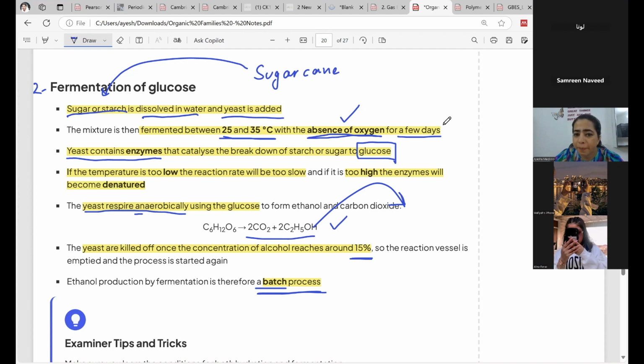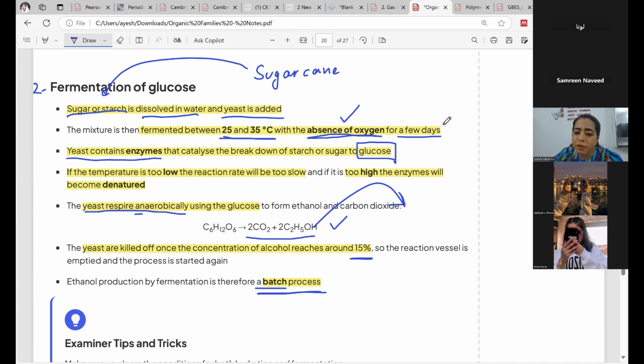Okay. Miss, for the batch process, I couldn't really get the point. Batch means not continuous. It means if you start the reaction, it would happen till the end without a break. No, this reaction is happening with breaks.